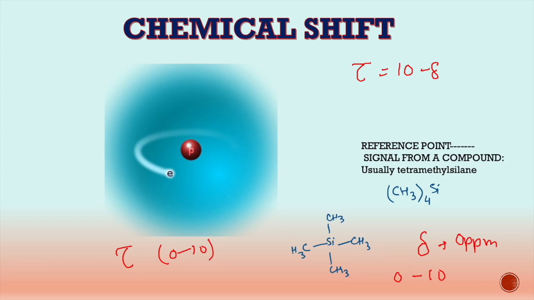So if delta is 8, you will get the value on the tau scale as 2 ppm. An NMR signal from a particular proton appears at a different field strength than the signal from tetramethylsilane, and this difference, that is the chemical shift, is measured not in Gauss, as we usually expect, but in the equivalent frequency units.